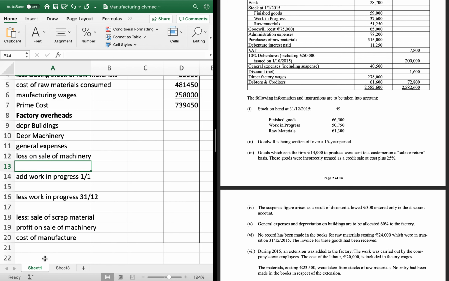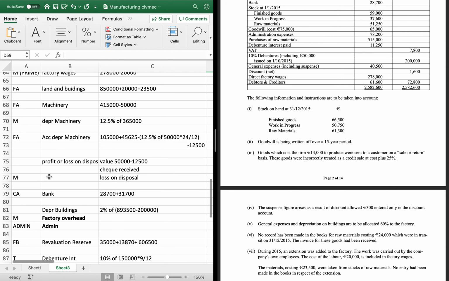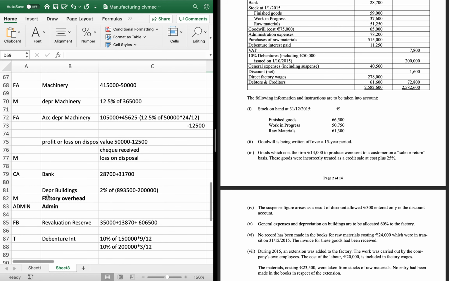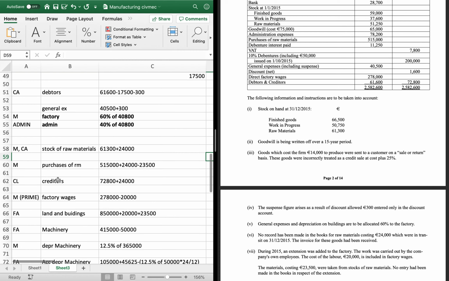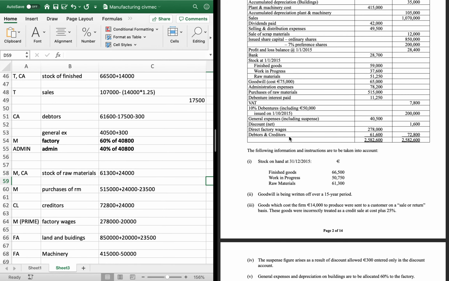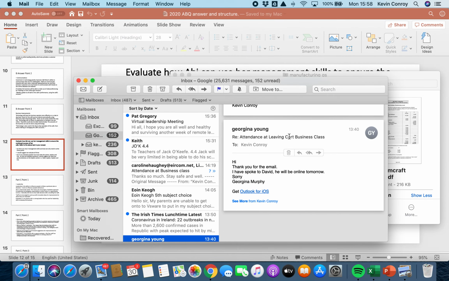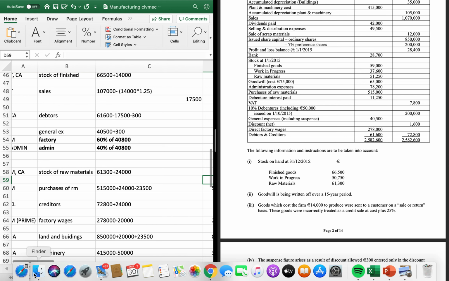So let's just check I didn't have any other manufacturing ones in. So depreciation of machinery, the loss, depreciation of buildings, general expenses, and then over here we have no other ones. So we'll get them in.